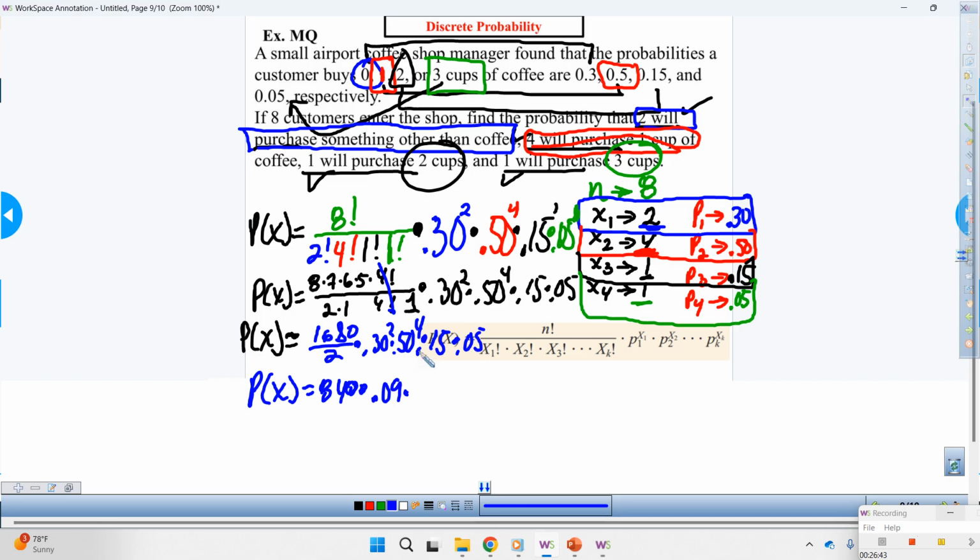Come on, people. You're going to make me use a calculator. 0.50 to the 4th is 0.0625. 0.0625 times 0.15 times 0.05. What is that approximately? 840 times all that.